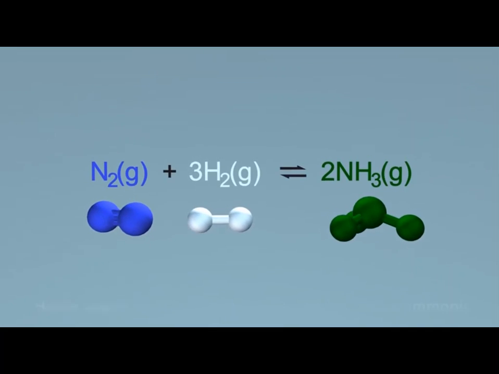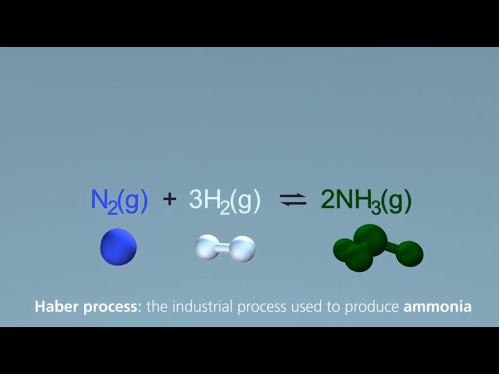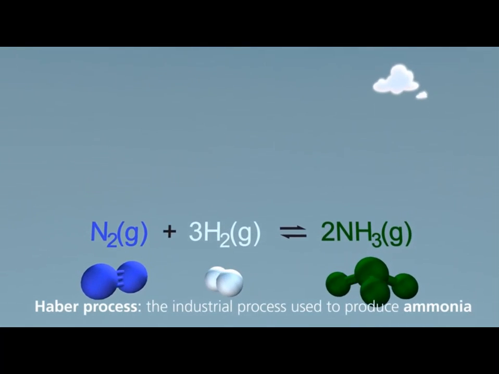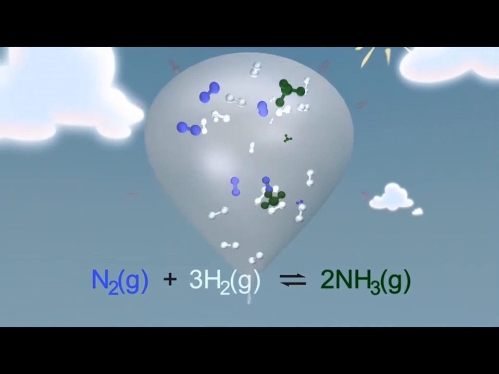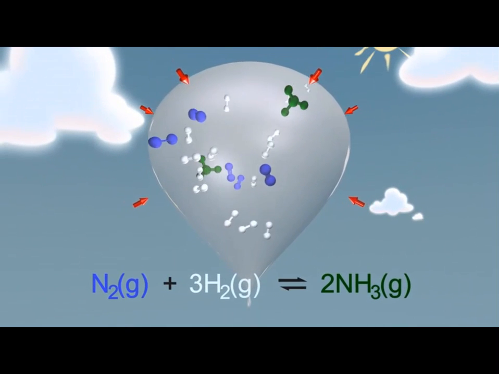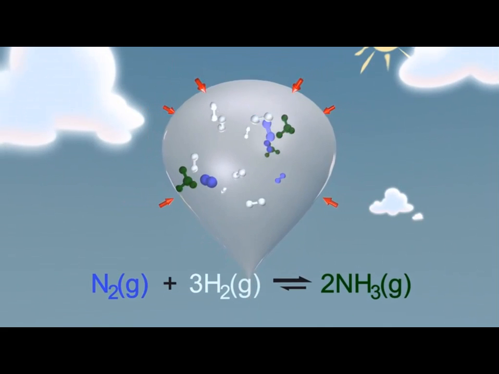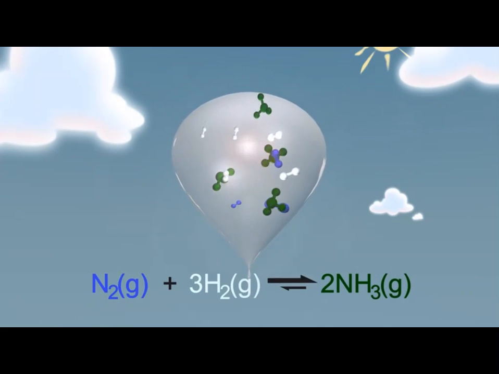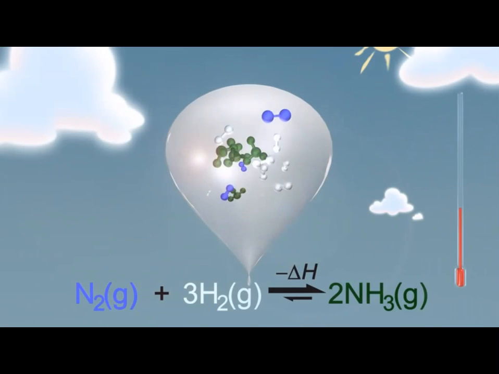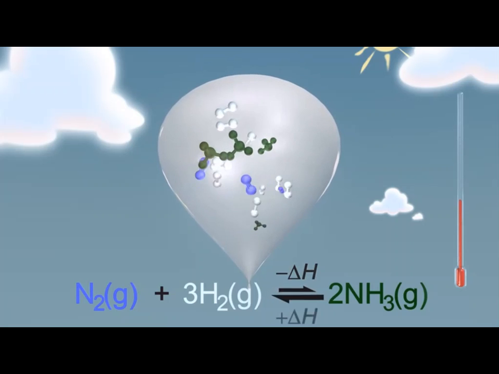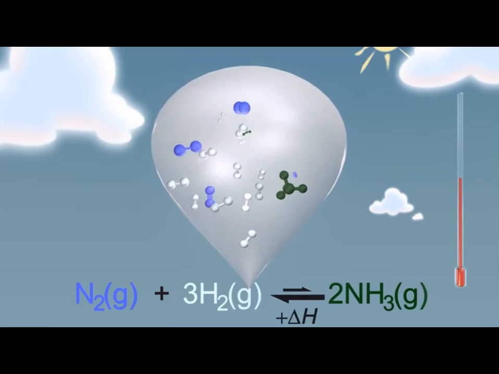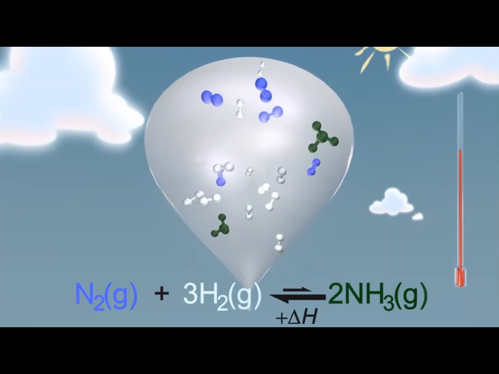Consider the reaction in which nitrogen and hydrogen react to form ammonia. LeChatelier's principle tells us that if the pressure of the system increases, the equilibrium position shifts to reduce the number of molecules of gas and lower the pressure.